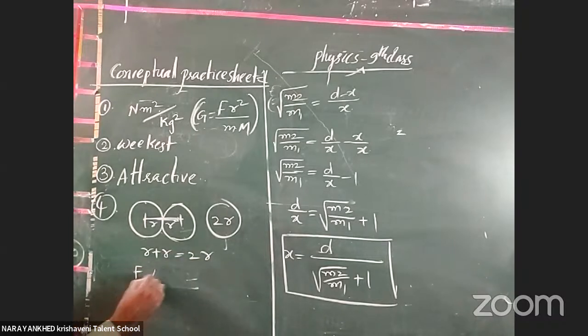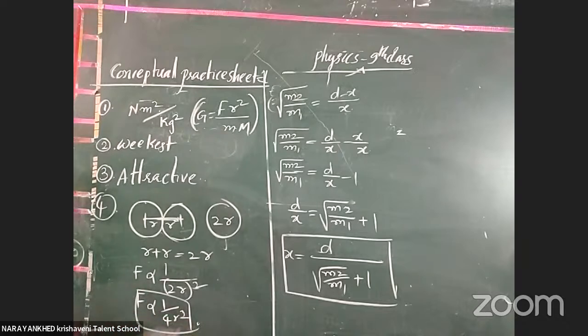The gravitational force is inversely proportional to 2r whole square, which means 4r square. The answer is 4r square.